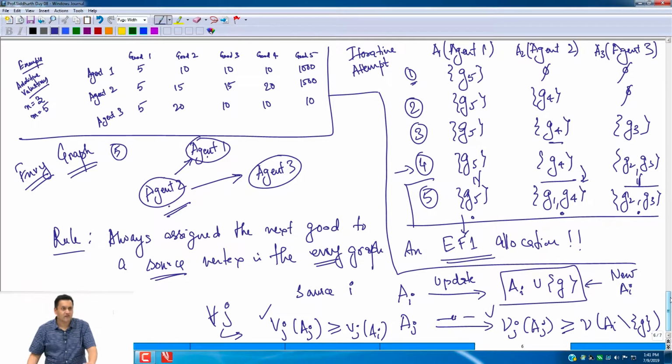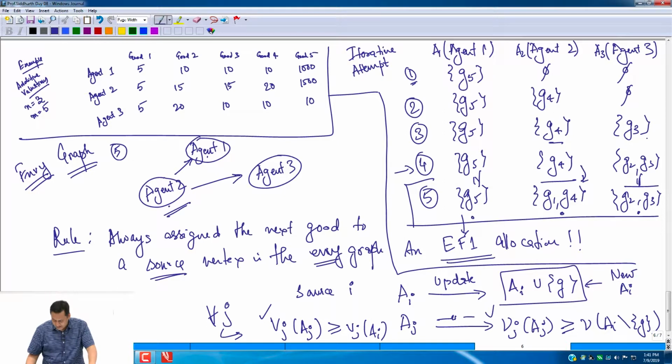Again, what is an envy graph? Well, we looked at the partial allocation we have so far, and we drew edges that pointed to envy among agents. So, it's a directed graph where nodes correspond to agents and directed edges signify envy between them.